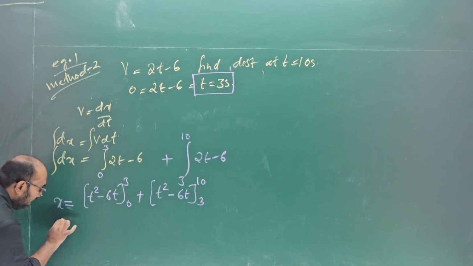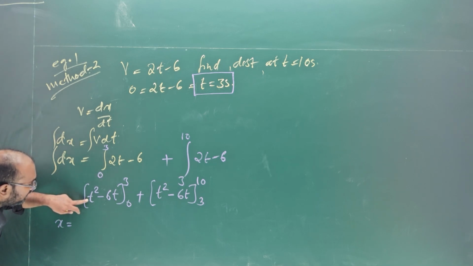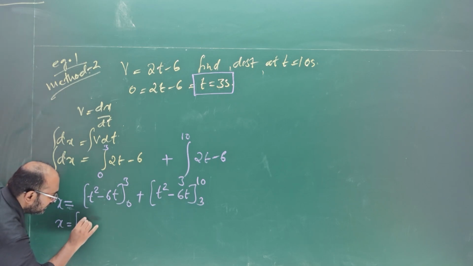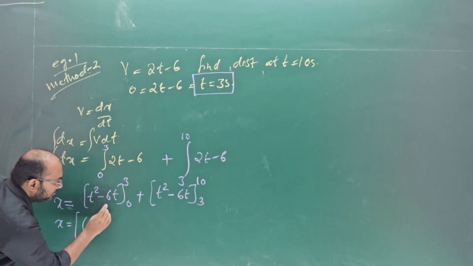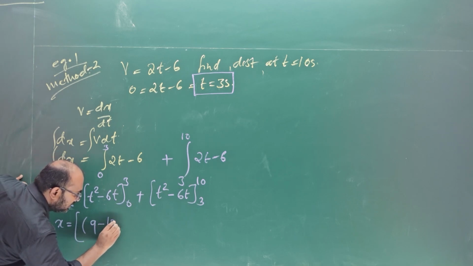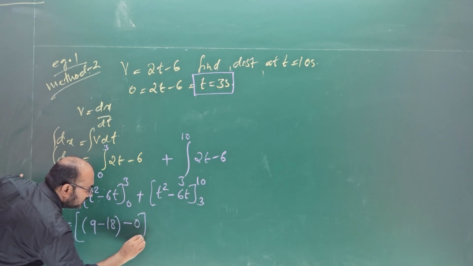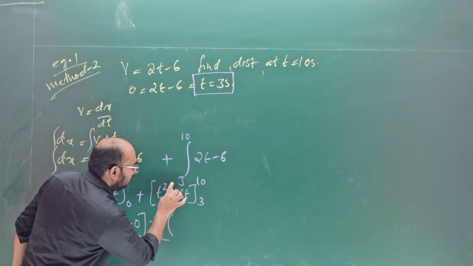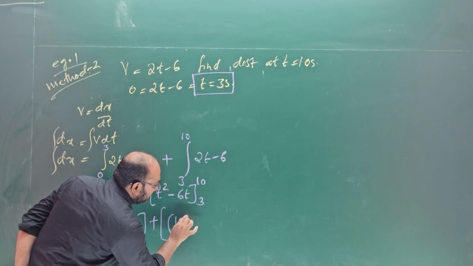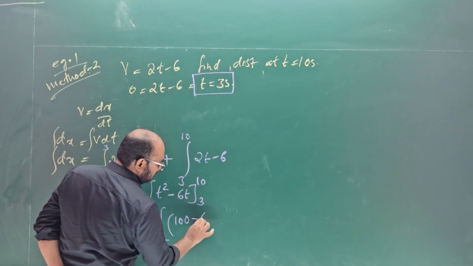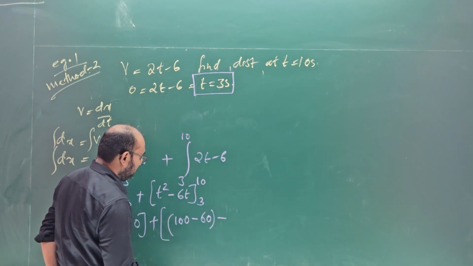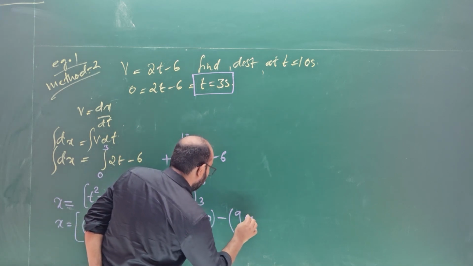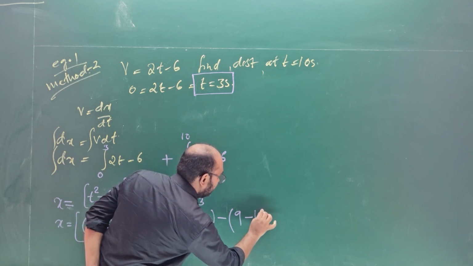Now apply the upper limit then lower limit: 3 square is 9, minus 6 threes are 18, lower limit 0, plus apply the upper limit, 10 square is 100, minus 6 tens are 60, apply the lower limit now, 3 square 9 minus 18.